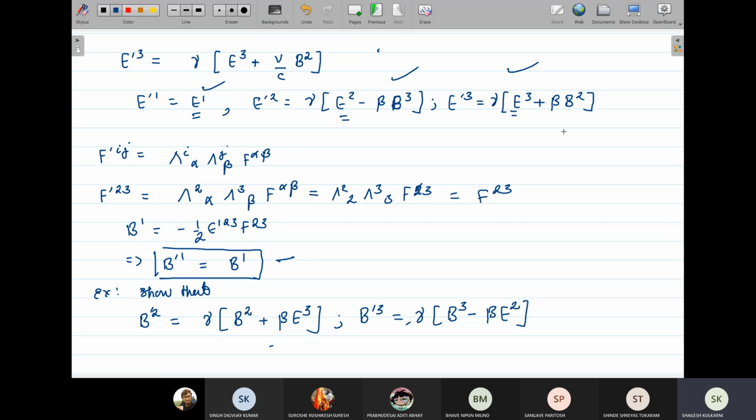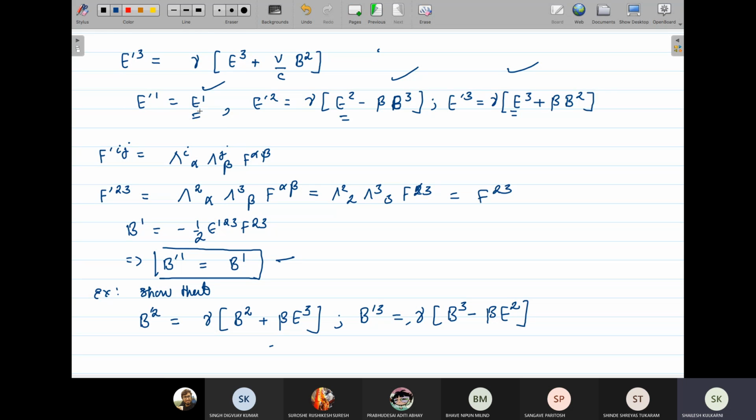So if someone gives you this electric field and B equal to 0 in one frame, what is going to happen? The electric field will transform like this, with B equal to 0.